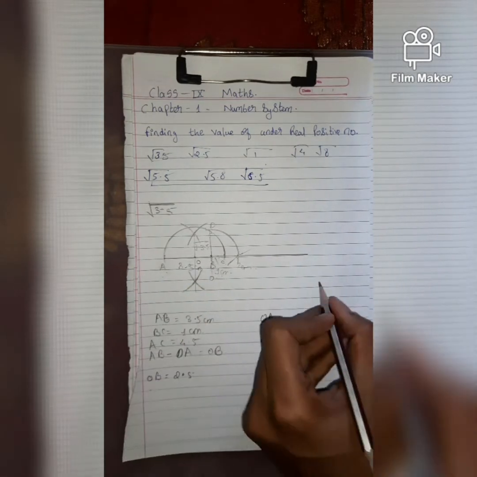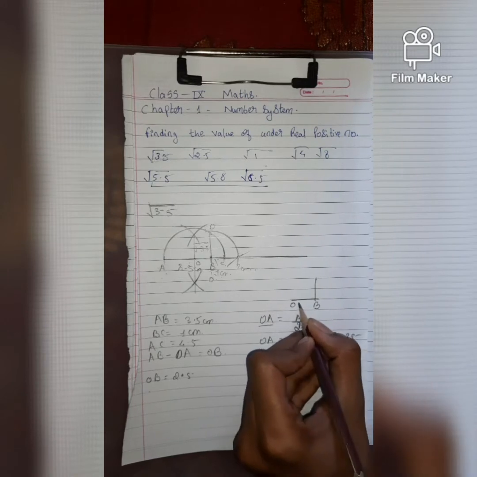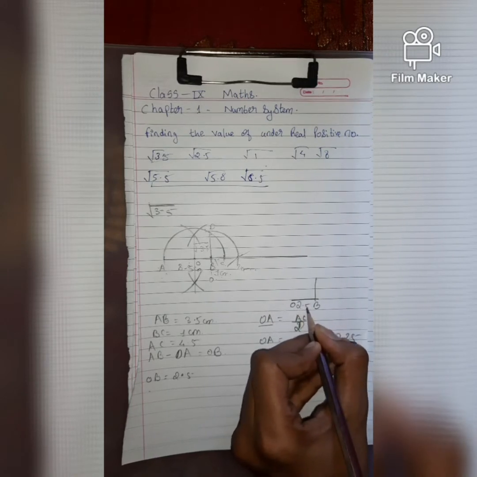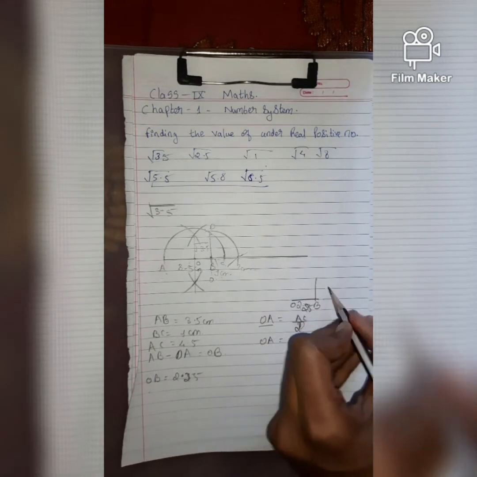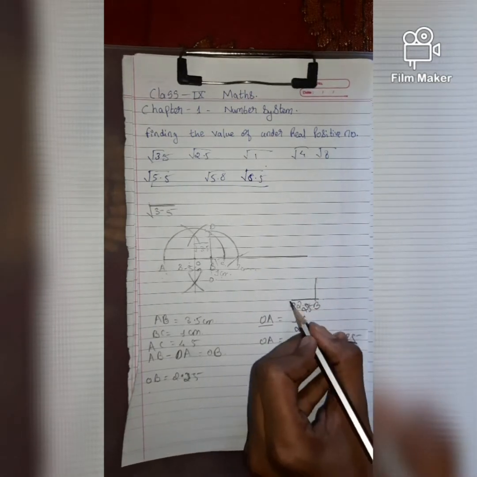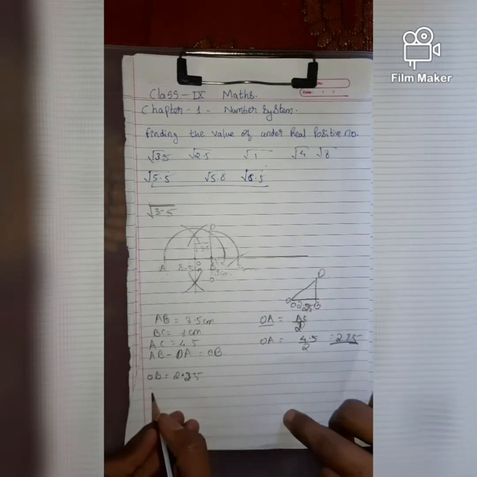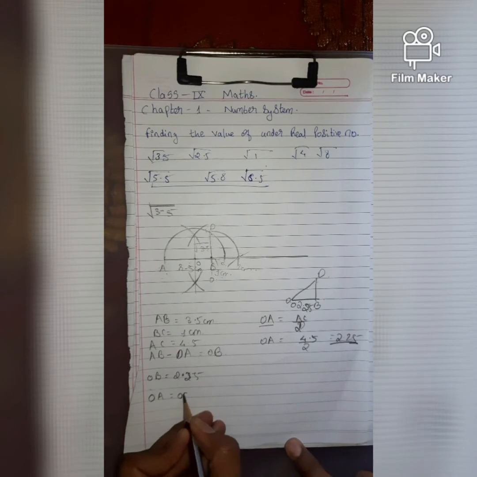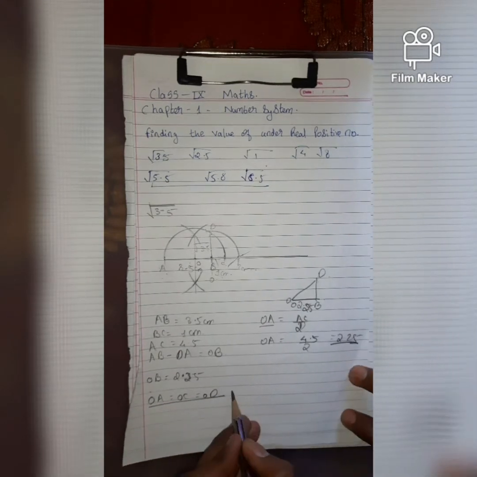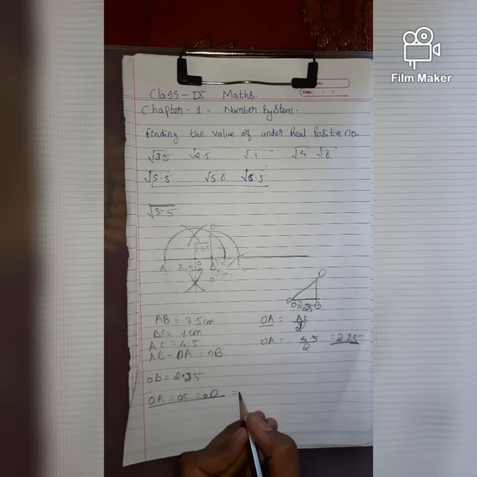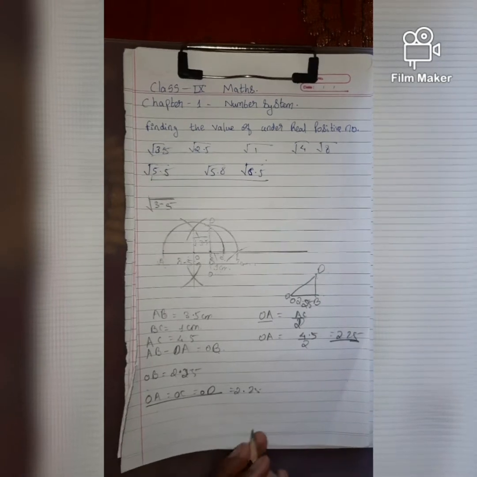From here we see that this is O, this is B, and we have to find the value of this, and this is our OD. As you all know, OA equals OC equals OD, because these are all radii of the semicircle. So the value of all these three is 2.25, and so OD equals 2.25.